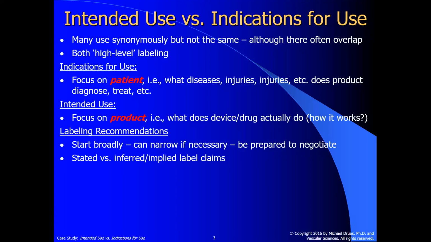Now, one thing to be aware of: it's one thing to take advantage of inferred or implied label claims from a regulatory strategy, but as we'll talk about in a moment, one of the things that we also have to take into account is reimbursement. So while FDA, although they'll never publicly admit it, is okay with inferred or implied label claims, CMS, the Centers for Medicare and Medicaid Services, the folks that determine reimbursement, are not.